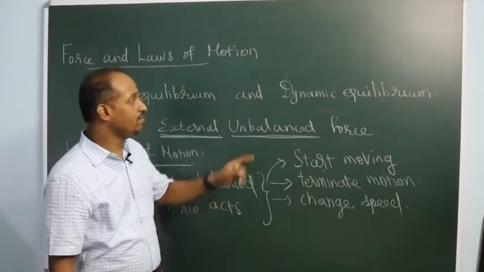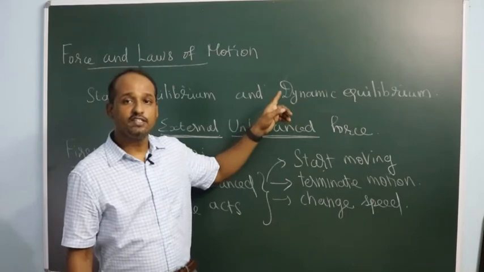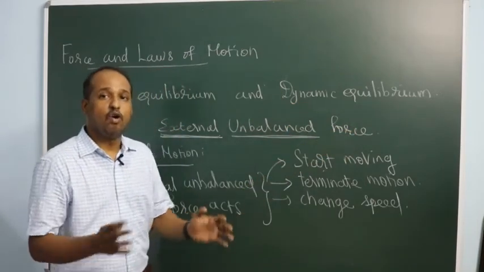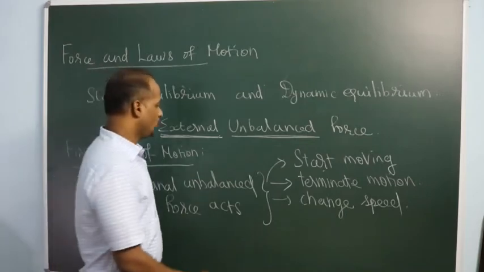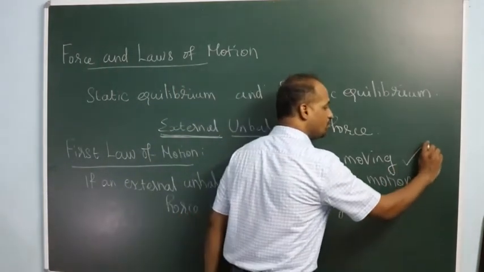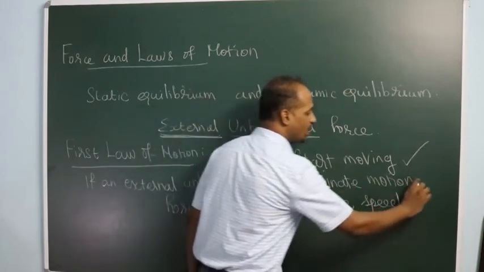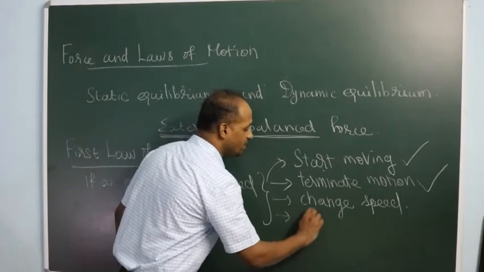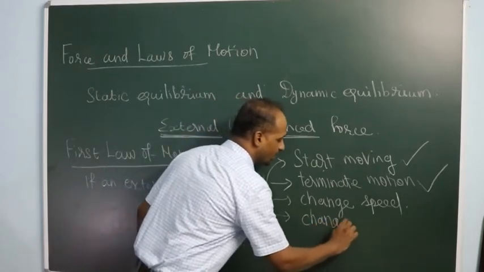Dynamic equilibrium means a constant speed in a straight line, so it might also change the direction. So what can this external unbalanced force do? It might initiate motion in the object, terminate motion, increase or decrease the speed, or change the direction.